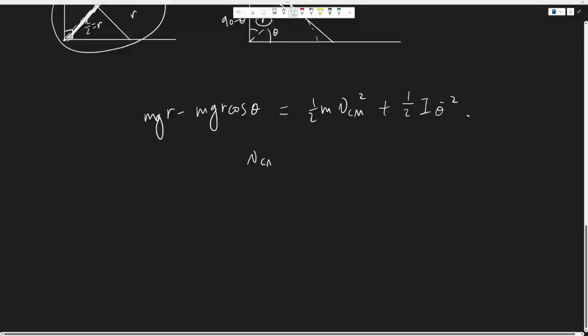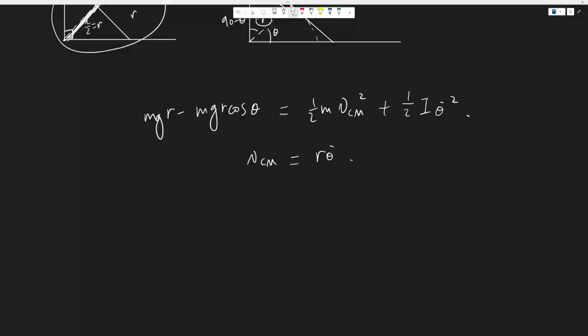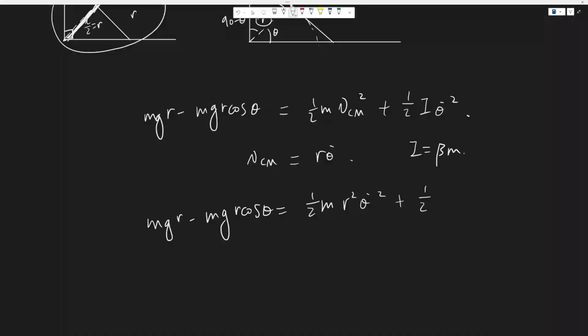And we know VCM equals r theta dot. And so mgr minus mgr cosine theta equals half m r squared theta dot squared plus half, and then the moment of inertia, let's just write it as beta m r squared, so beta m r squared theta dot squared. And let's factorize.